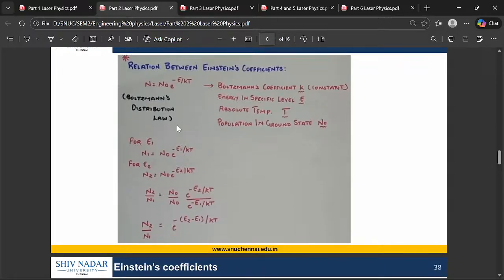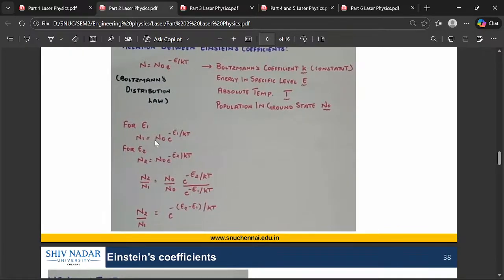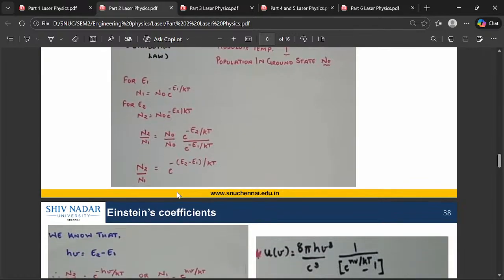For E1, N1 is equal to N naught e to the power minus E1 divided by kT. For energy level 2, N2 is equal to N naught e to the power minus E2 divided by kT. When we divide, we get N2 divided by N1 is equal to e to the power minus (E2 minus E1) divided by kT.